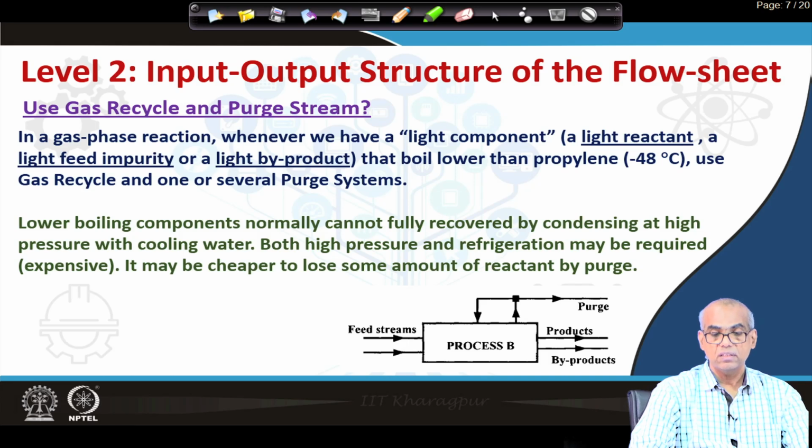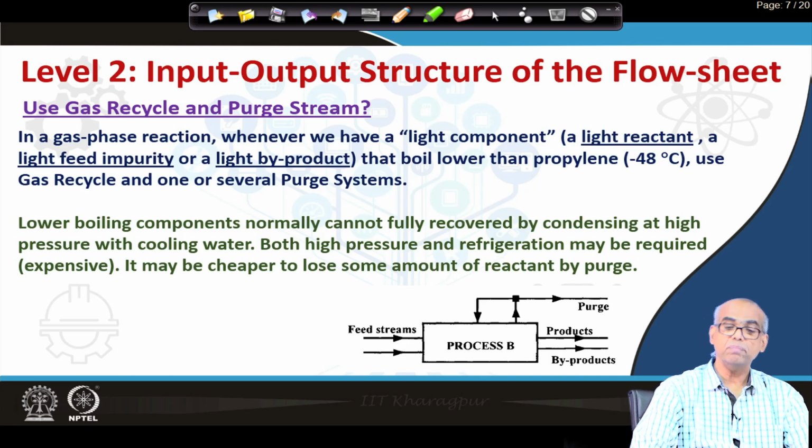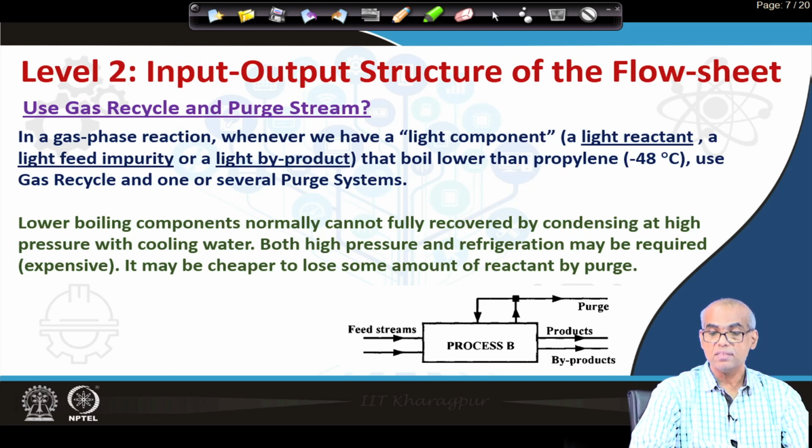It means that you will require both high pressure as well as refrigeration, and refrigeration is an expensive operation. So, it may be cheaper to lose some amount of reactant by purge. So, this is the justification behind these heuristics.